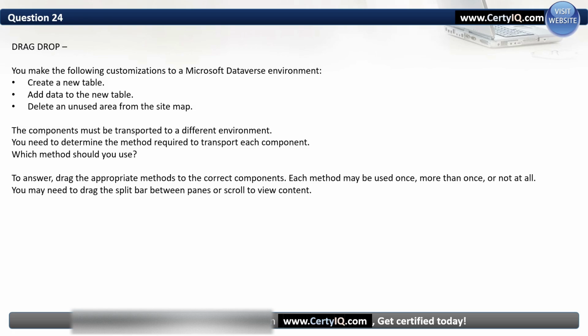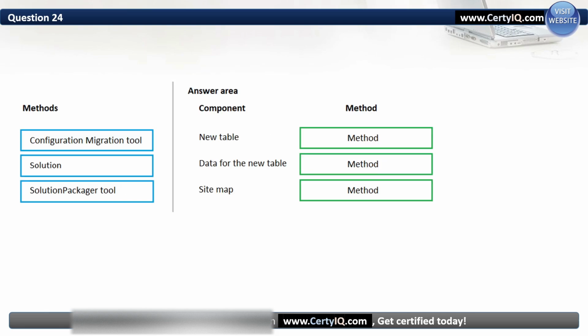Which method should you use? To answer, drag the appropriate methods to the correct components. Each method may be used once, more than once, or not at all. You may need to drag the split bar between panes or scroll to view content. The methods provided to us are configuration migration tool, solution, solution packager tool.